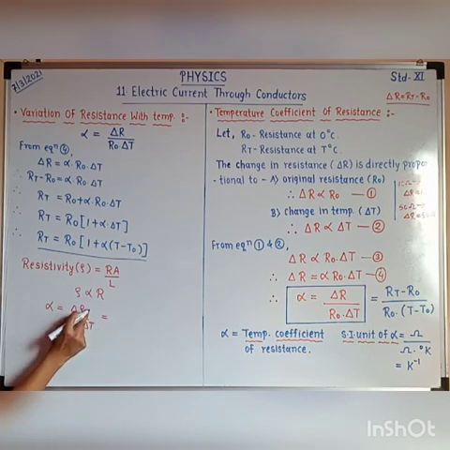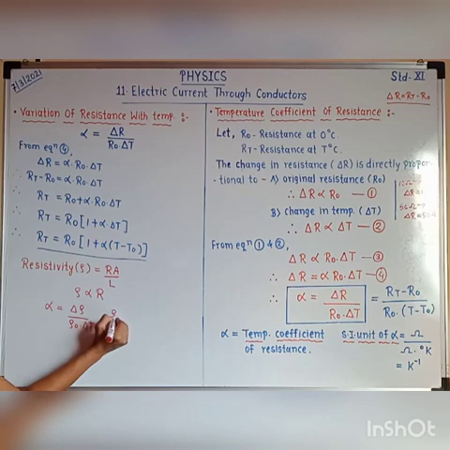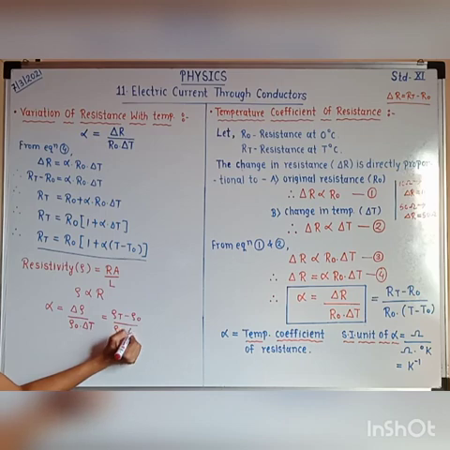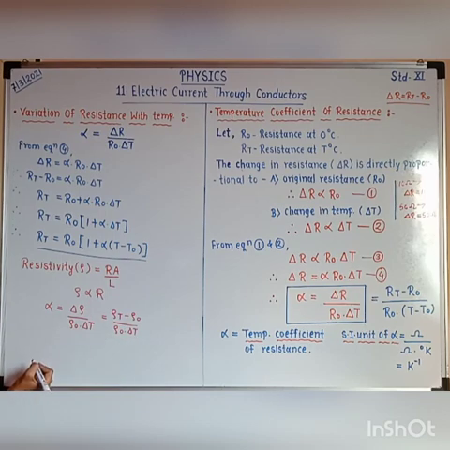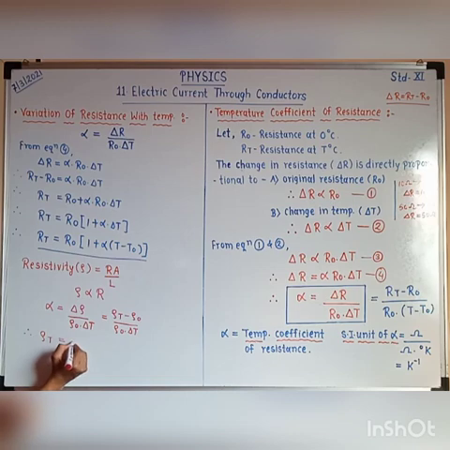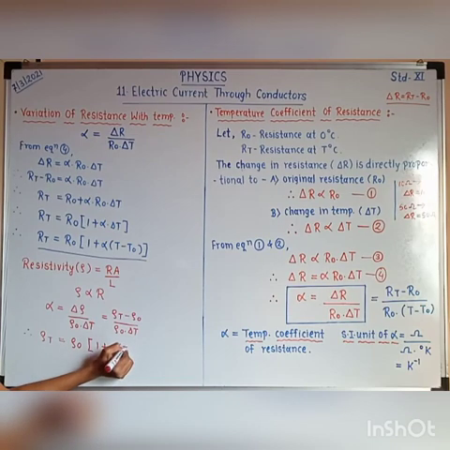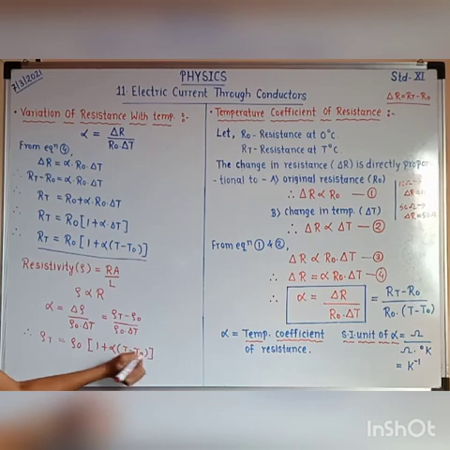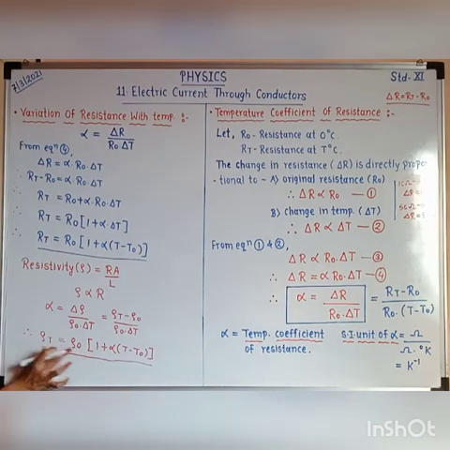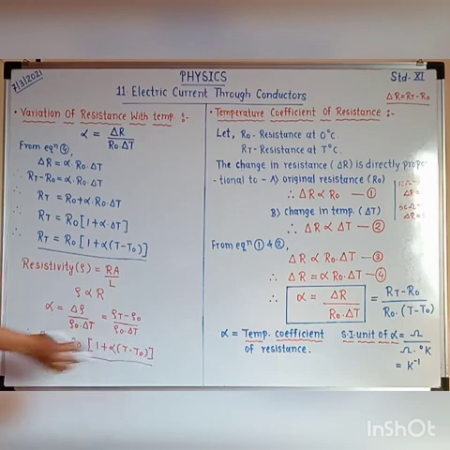Now this delta rho is nothing but a change in resistivity, so we can write resistivity at final temperature T minus resistivity at original temperature rho 0, divided by rho 0 into delta T. Similarly we can write the resistivity at final temperature T: rho T is equal to rho 0 into 1 plus alpha into T minus T0.